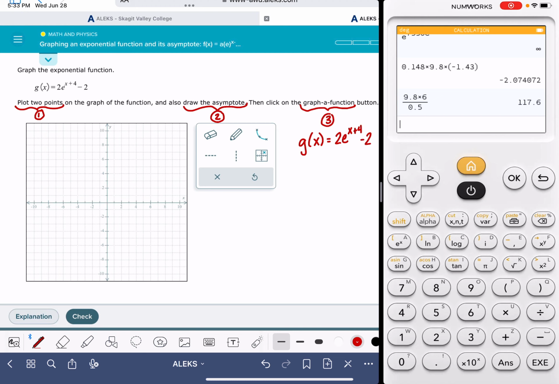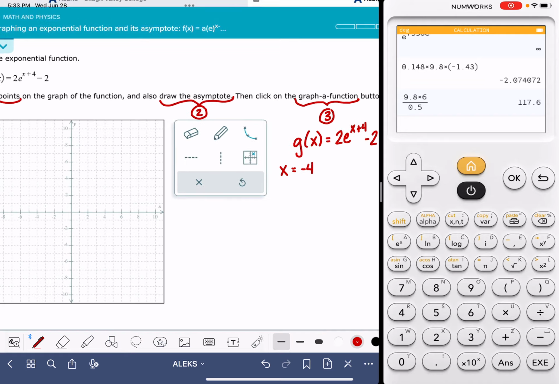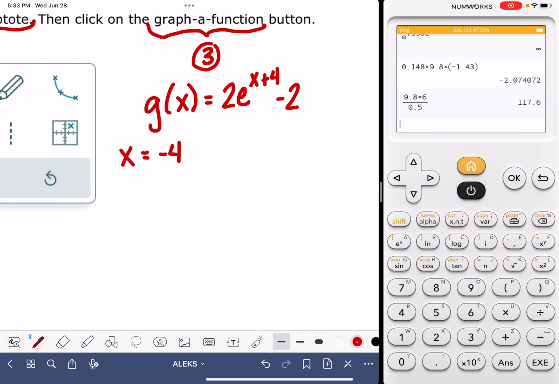And first job is to plot 2 points. For my first data point, I'm going to choose x equals -4. The reason that I'm choosing that is because when x is equal to -4, that's going to make my exponent 0, and that makes it really easy to solve this function. g of x equals 2e to the -4 plus 4 minus 2.